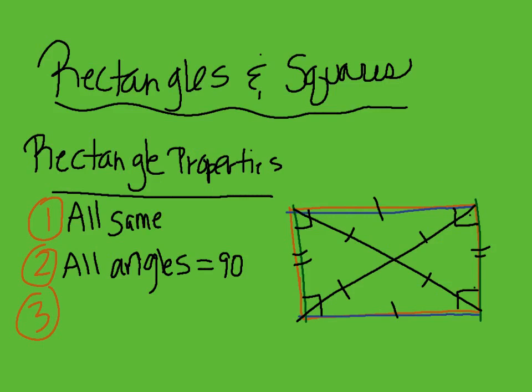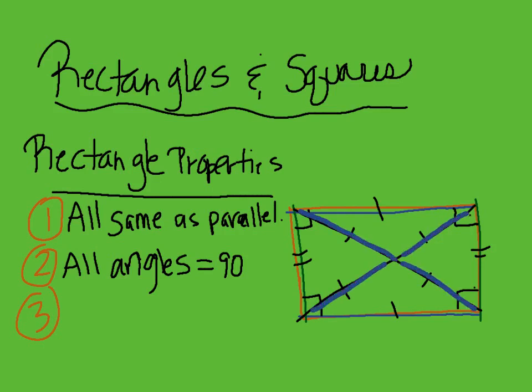So all same as parallelogram will be first. And I'm going to abbreviate that. So the first property is all the same as parallelograms. The second property is all angles equal 90. Now the last one has to deal with the diagonals. So if you look real close at the diagonals, you'll notice that both of these, see, I marked with the same.